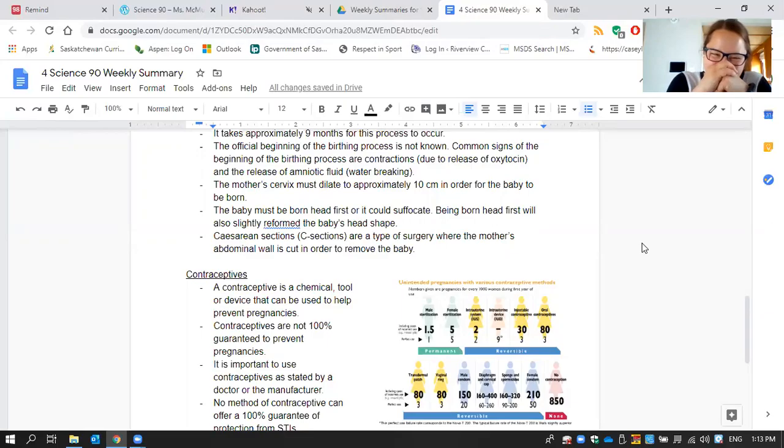The cervix can dilate approximately up to 10 centimeters, because you've got to fit the size of a baby through your female reproductive system. So you're looking at something probably about this big. The female body is kind of amazing that it can push out a baby through what we would normally consider a small opening. So, kudos to the female body.